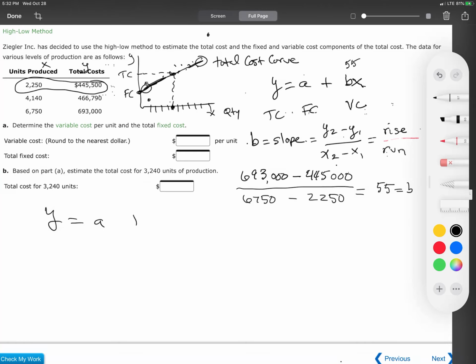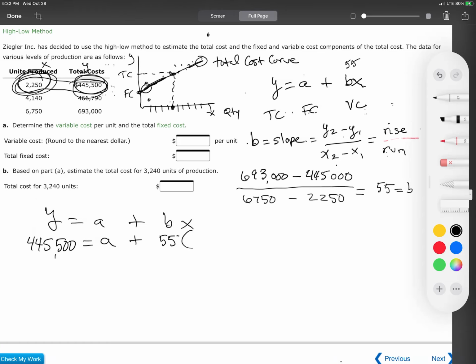Let me clean this up a little bit. Let's pick the smaller or the larger, either one, but I usually pick the smaller because then I would work with smaller numbers. Then this is the y value and this is the x value.